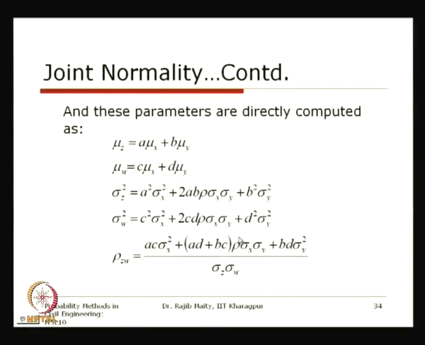So we will take up a problem on this joint normality maybe in the next class. In many cases, there are some random variables where we can say that these are jointly normally distributed, and there are some linear functions we have to use for some civil engineering problems. If we know this expression, then we can easily get the joint distribution of the new random variables.